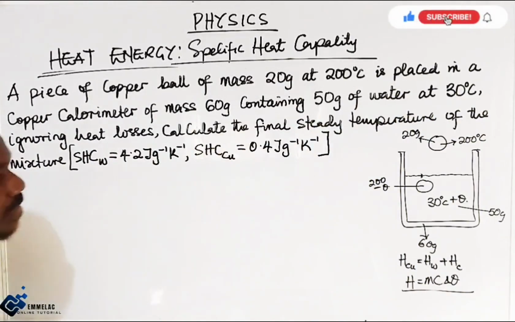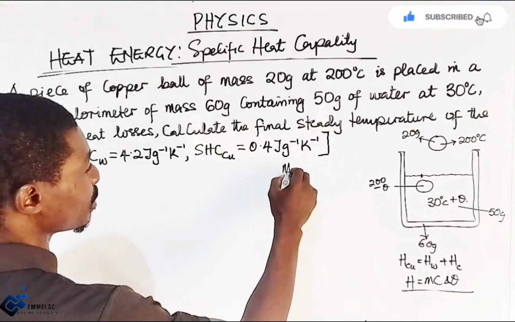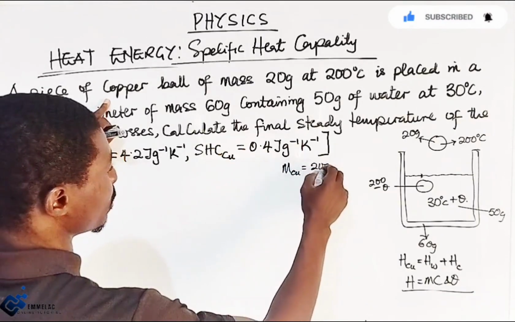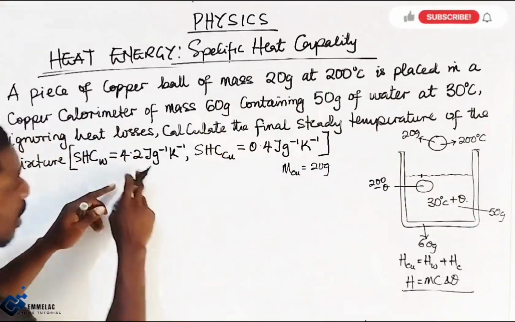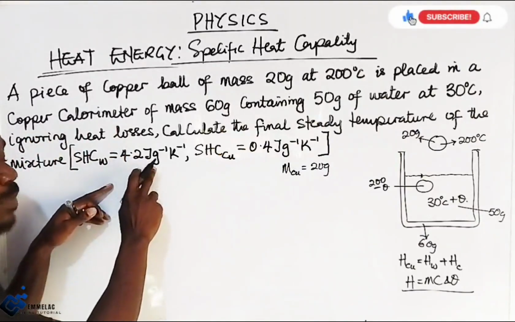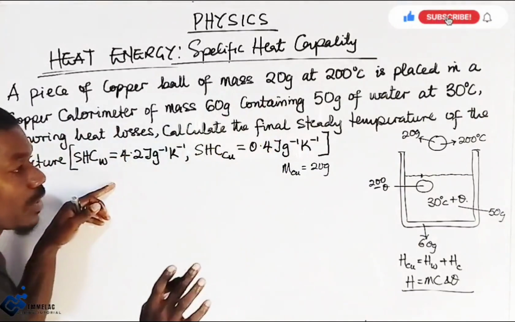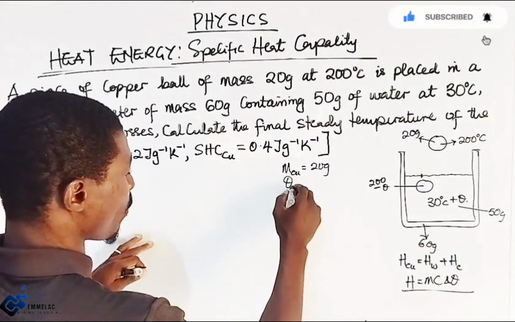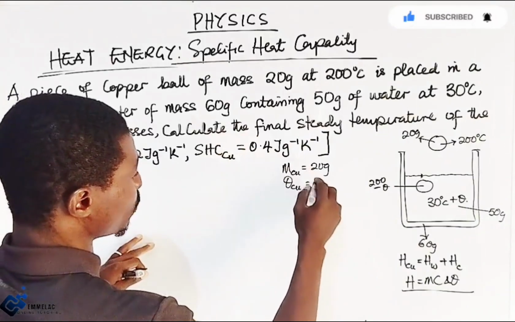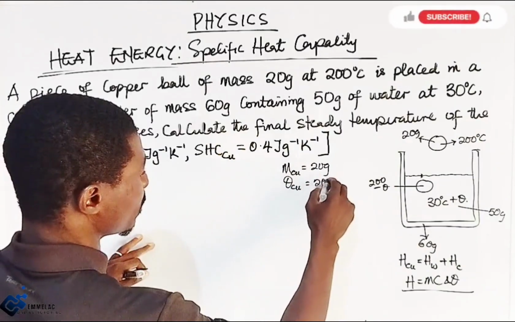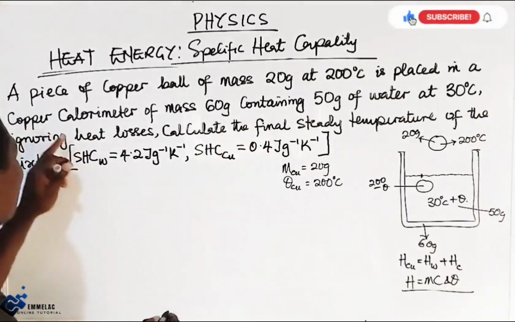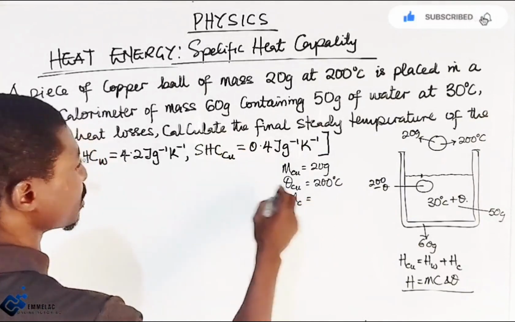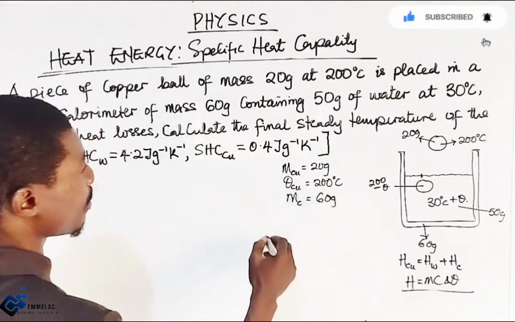Let us note the parameters. The mass of the copper equals 20. Since the unit is given in joules per gram, there's no need to convert to grams. The initial temperature of copper is 200 degrees Celsius, and the mass of the copper calorimeter is given as 60 grams.